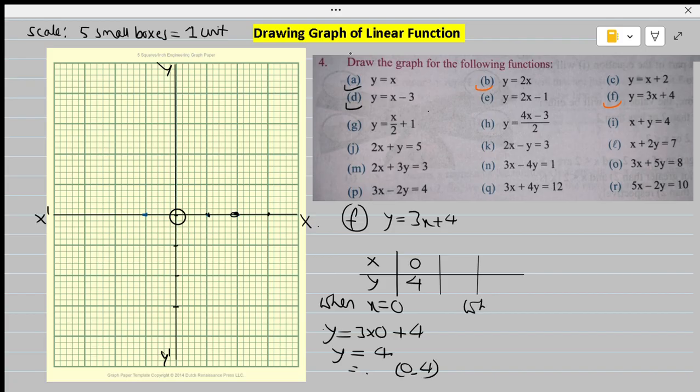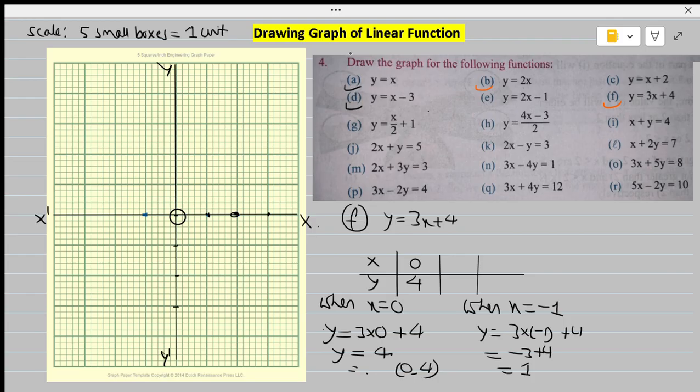And now for another point, I'm going with x equal to minus 1. So y equal to 3 into minus 1 plus 4, so how much are you going to get? Minus 3 plus 4, this will be plus 1. So be very careful. 3 plus 4, you can write 7 by making a mistake. The sign of 3 is minus, so you have to be careful.